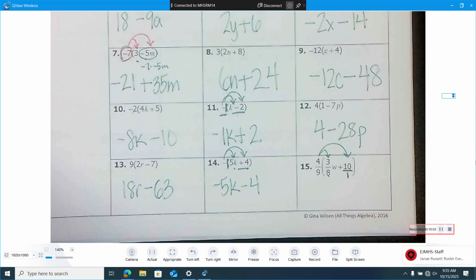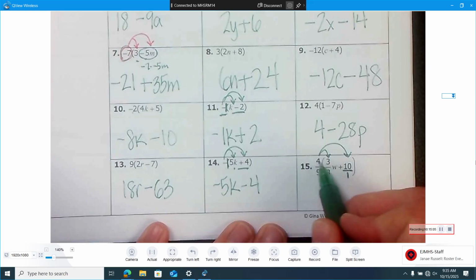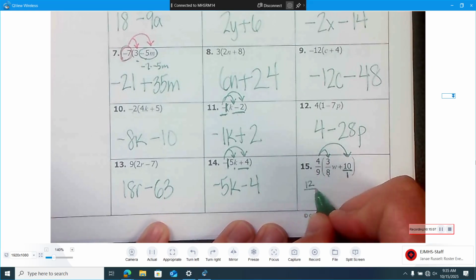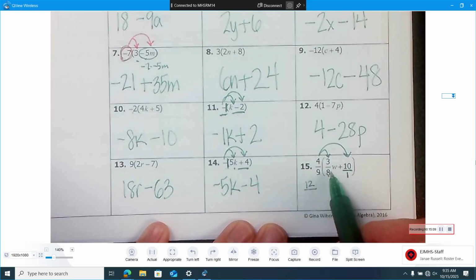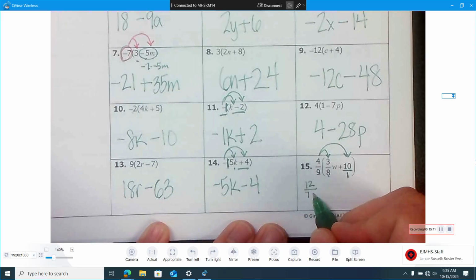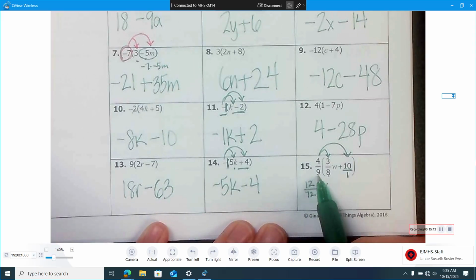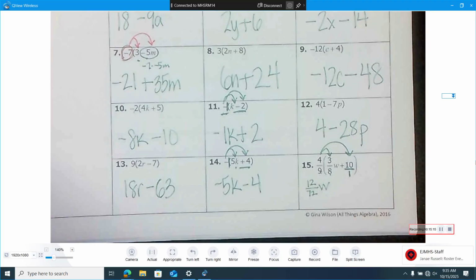Straight across. So we're just going to multiply 4 times 3 is 12, and 9 times 8? 72. So 4/9 times 3/8 W is just 12 over 72 W.